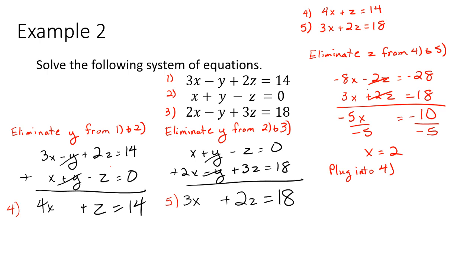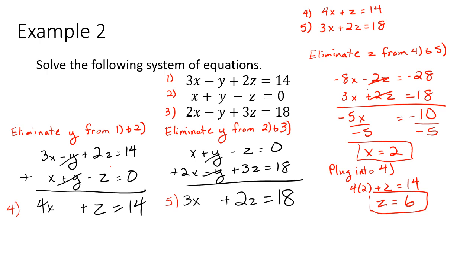So if I plug this into equation 4, we've got 4 times x, which is 2, plus z is equal to 14. So that would be 8 plus z. So if I just subtract 8 from both sides, we get z is equal to 6. And so now that's 2 parts of our answer. I'm going to put boxes around these, but this is not the way our final answer is going to look, just so we don't lose track.